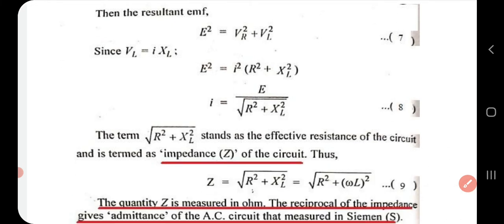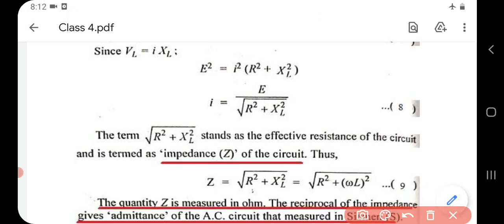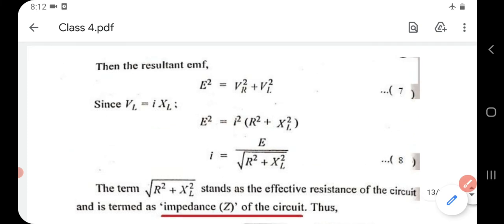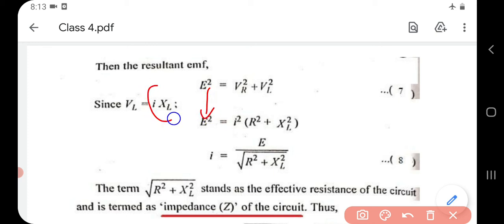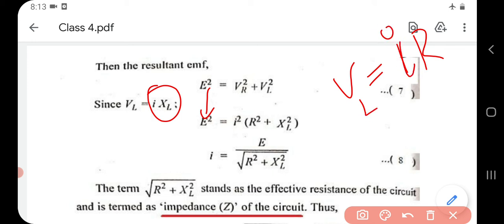The resulting EMF will be E square equals VR square plus VL square. VL is equal to I XL, since V is actually current into resistance. So the potential difference across inductance L will be current I into XL.